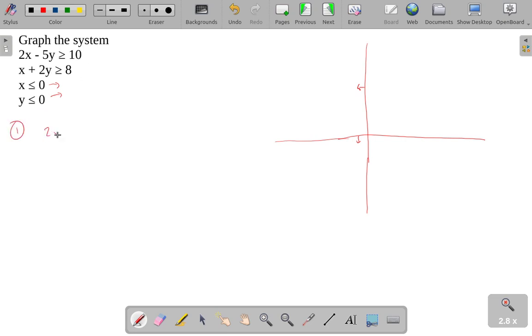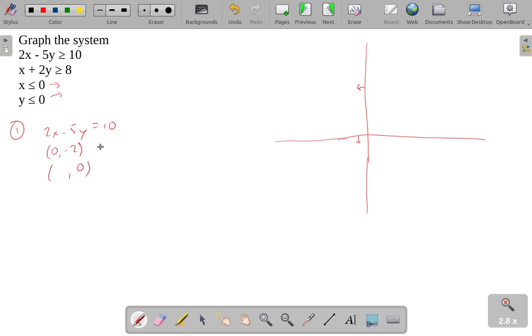First off, 2x minus 5y equals 10. I'm pretending it's an equal sign when I'm graphing the boundary line. Let's figure out, when x is 0, what our y coordinate is. If x is 0, we get negative 5y equals 10. Divide both sides by negative 5, we get y equals negative 2.